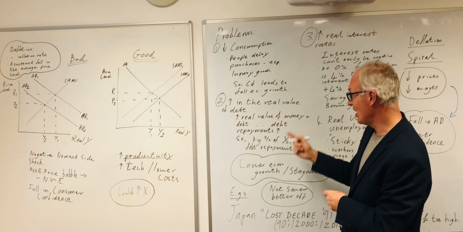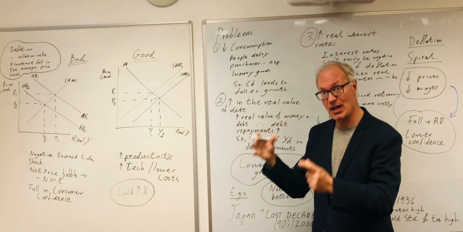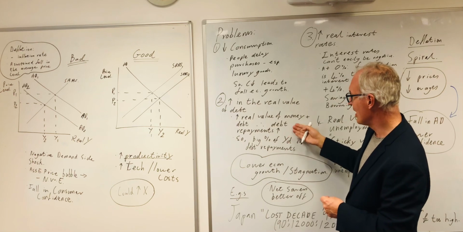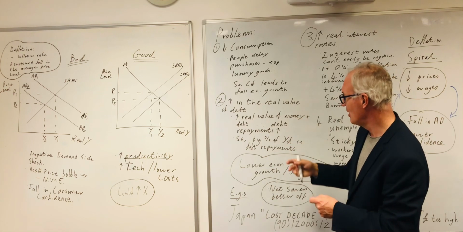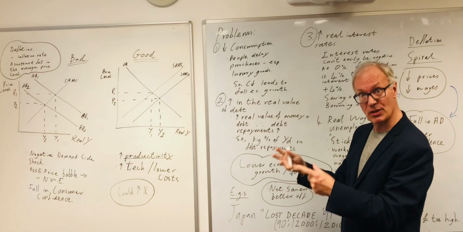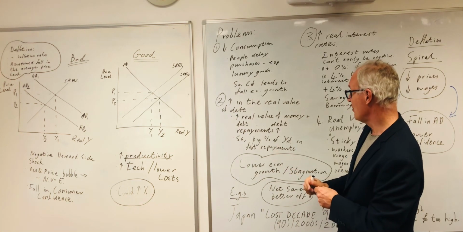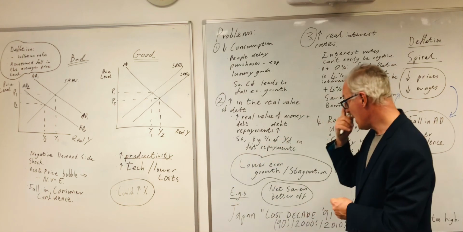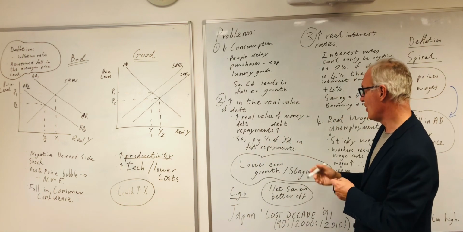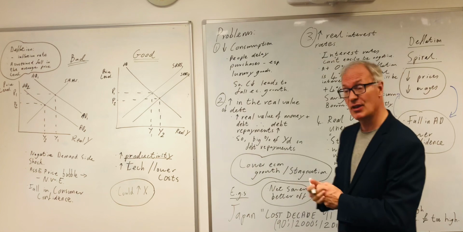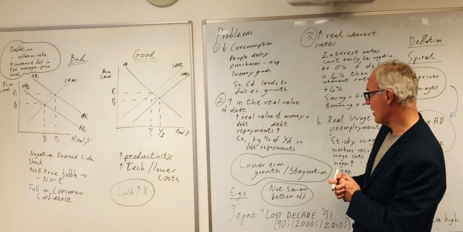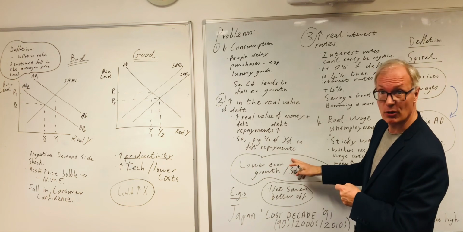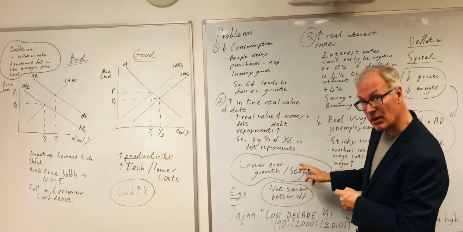And therefore, same with servicing that debt or debt repayments. So if you're paying for debt servicing and debt repayments, they in real terms will increase in value. So there'll be a bigger percentage of disposable income from individuals on debt repayments. And therefore, this will tend to cause lower economic growth or stagnation as well.